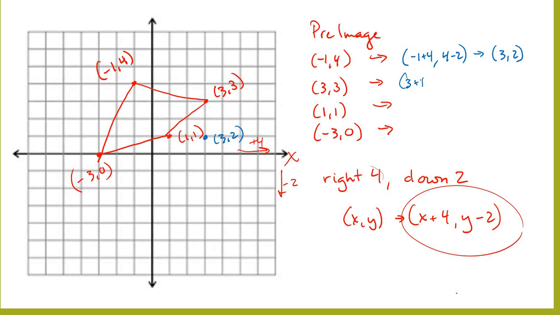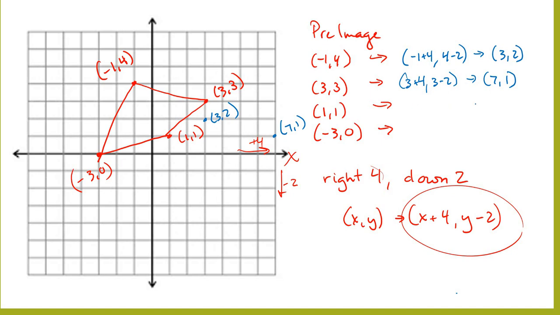Again, adding 4, subtracting 2, I get 7, 1. So 1, 2, 3, 4, 5, 6, 7, 1. Oh, wait, I put 3, 2 in the wrong place. I hope you caught me. That's better. So I've got 3, 2, and I have 7, 1.